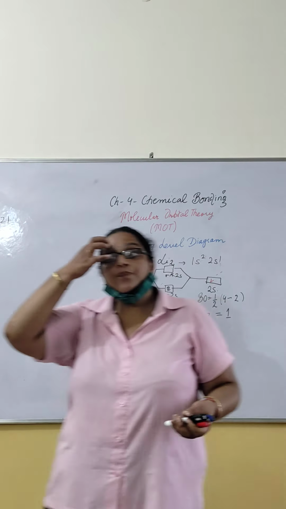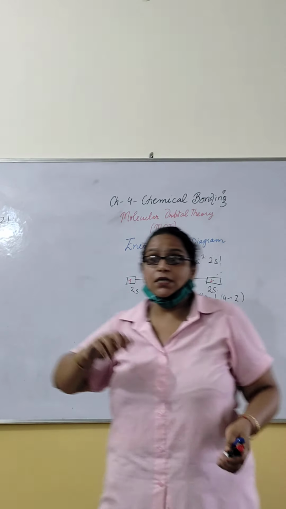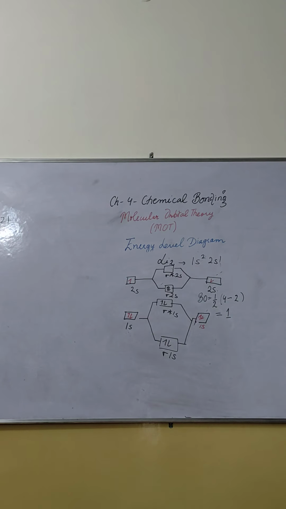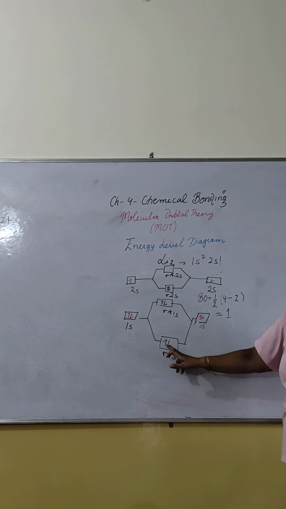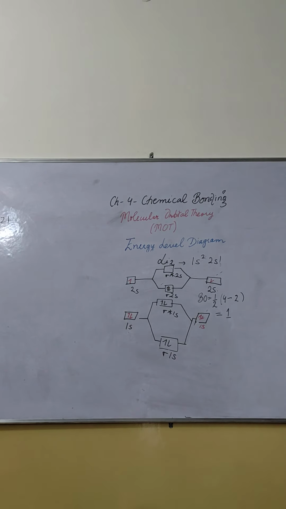Yes, ma'am. But is it paramagnetic or diamagnetic? Diamagnetic, all the electrons are paired. Its bond order is 1. Clear to everyone? Next, I will discuss in the next class.